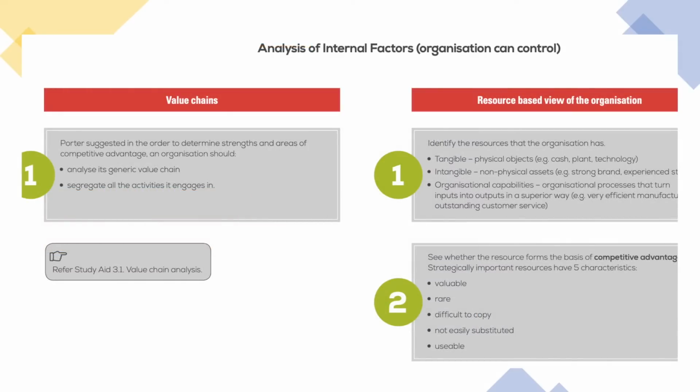Analysis of internal factors the organization can control. As I told you, the value chain and resource-based view of the organization are the internal factors that the organization can control. Definitely, the value chain can be controlled by the organization. The first thing is value chain.